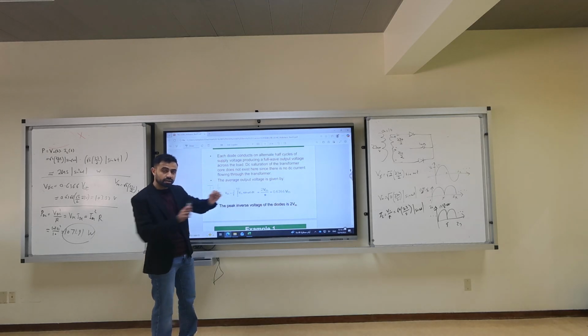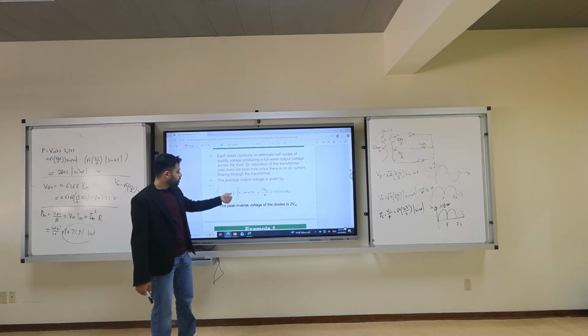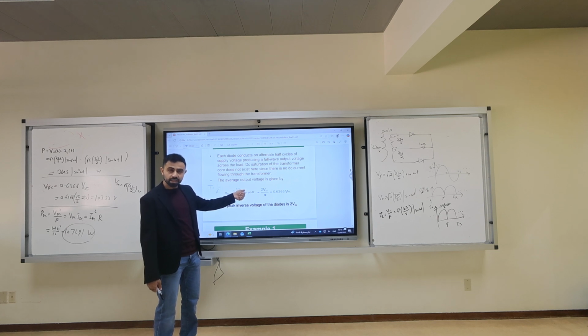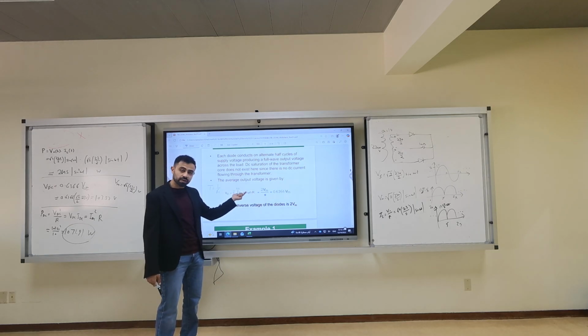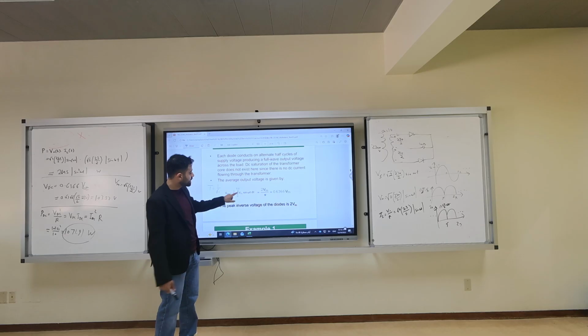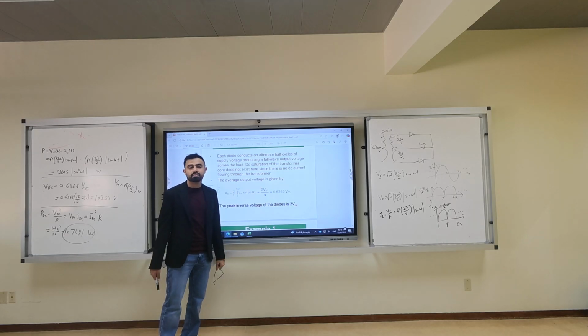So T over 2 is 1 over 60 divided by 2, which is 1 over 120. If you integrate from 0 to 1 over 120 with respect to time this expression, you put the right Vm, you should get 2 over pi Vm, because the Vm comes out of the integration of the sine omega t from 0 to half period, which is 2 over pi.